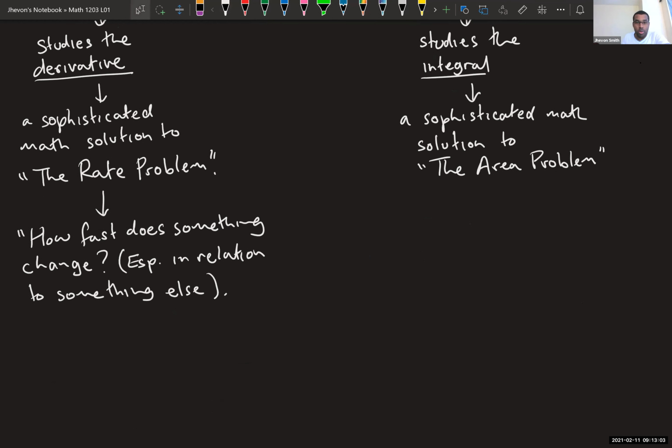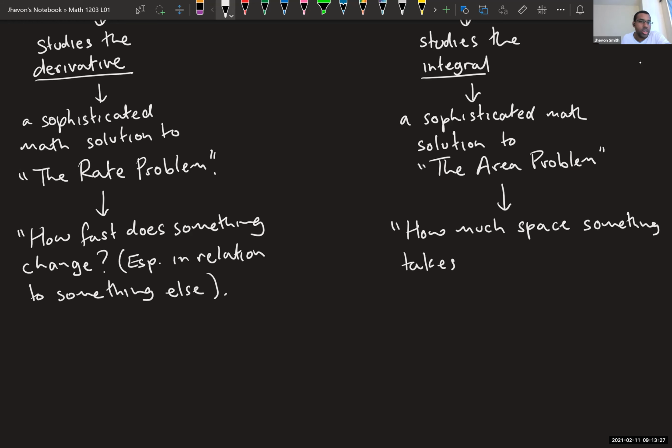So the area problem is, again, very vague. Basically, it is the general question of how much space something takes up. If that thing is 2D, this is really a question of what's the area.